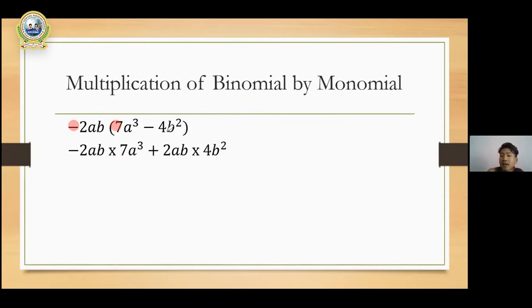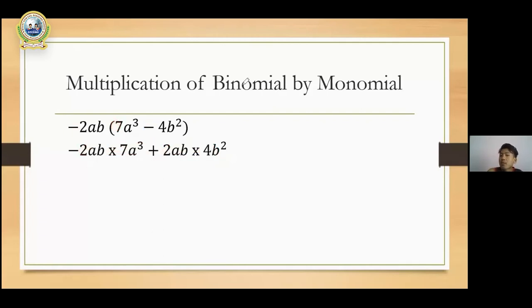Now in front of 4b square there is a minus, and in front of 2ab there is another minus. So minus and minus gives us plus, and again 2ab multiplied 4b square. See, 2ab multiplies individually twice. First we multiply the sign, then we multiply individually.